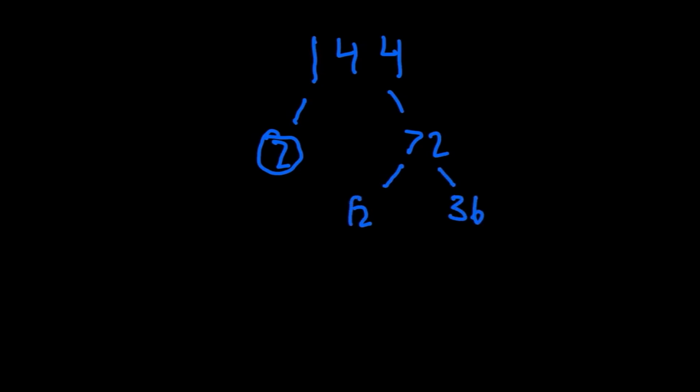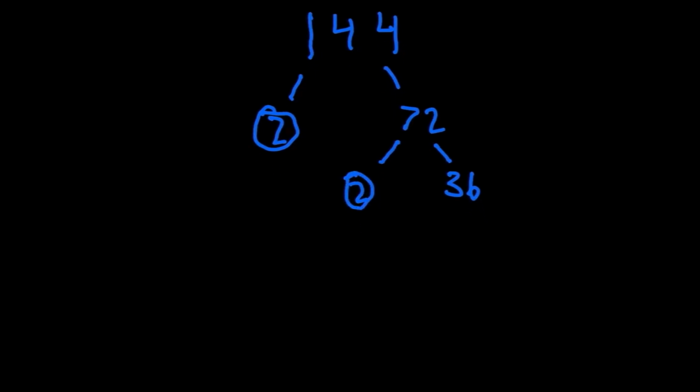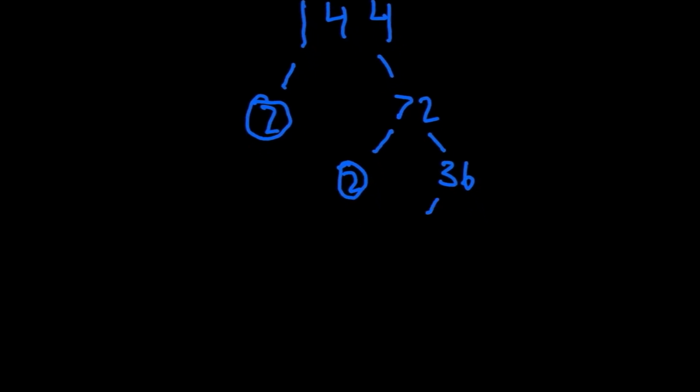So this 2, I'm going to circle again. And I'm going to do the same thing with this 36, just to keep with the theme. So I get 2 and 18. I'm going to circle this 2. And then this 18, I'm going to do the same thing because it's even: 2 and 9.